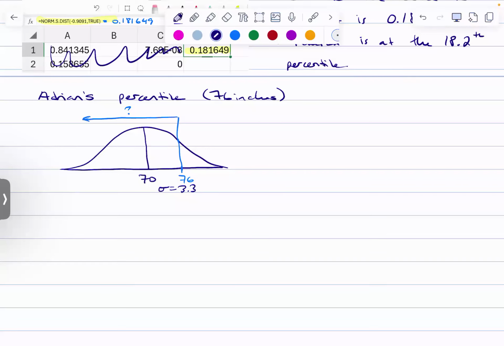So Z for Adrian, I know it's going to be positive because it's above the mean. And so I can take X for Adrian minus the mean over sigma, and I get 76 minus 70 divided by 3.3.